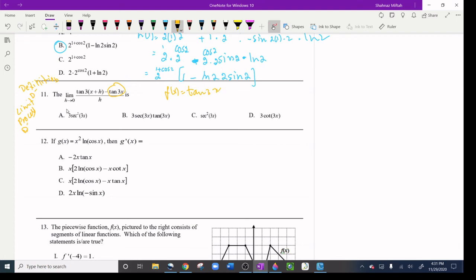How do I know it's a definition? The limit, as h approaches 0, shows it. So take a derivative of this. The derivative is going to be secant squared. It's outside and inside. So the outside derivative is secant squared, keep the inside 3x as it is, and the 3x derivative is 3. So the answer is technically 3 secant squared 3x. It's A.